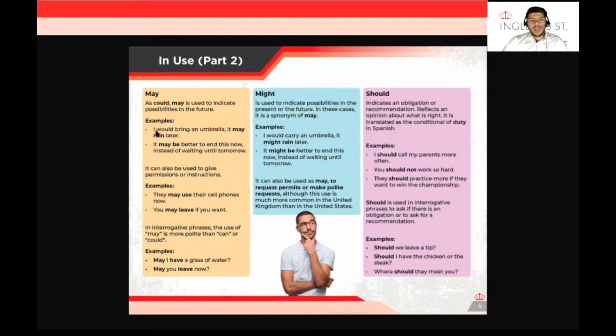We can also say, I would bring an umbrella. It could rain later, and it's actually the same, as well as in this one. It may be better to end this now instead of waiting until tomorrow. We can also say, it could be better to end this now instead of waiting until tomorrow, and they have the same meaning. So we know that may and could share one of the usages, right?